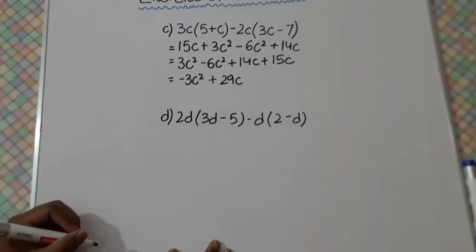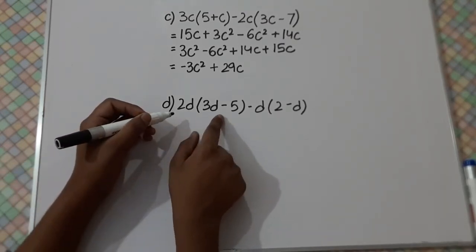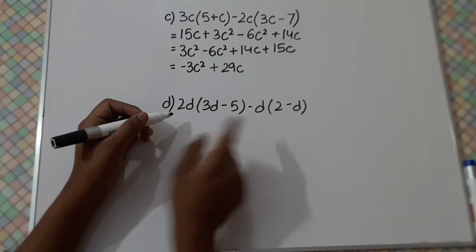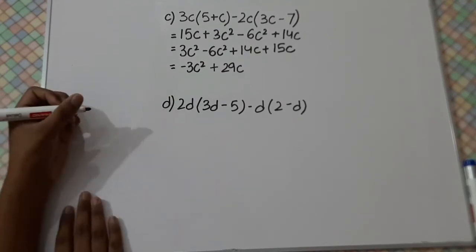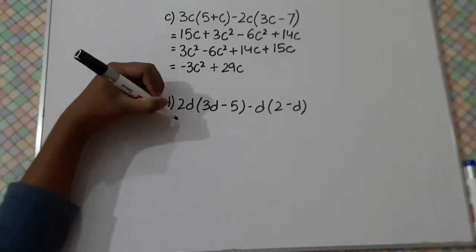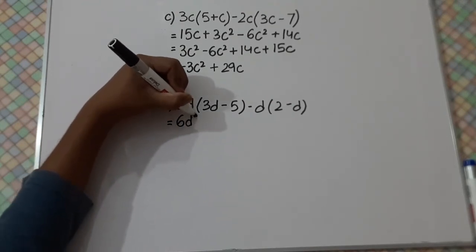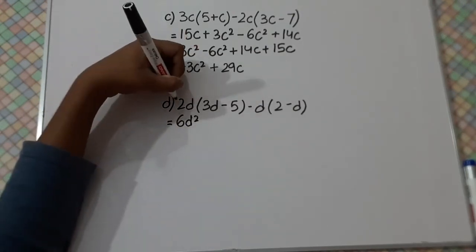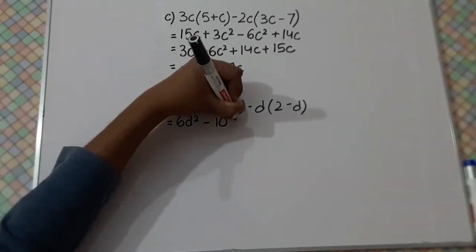Now in this part, 2d bracket 3d minus 5 and minus d bracket 2 minus d bracket. So 2d multiplied by 3d would be 6d square. 2d multiplied by 5 would be 10, and then minus is the sign, and 10d.